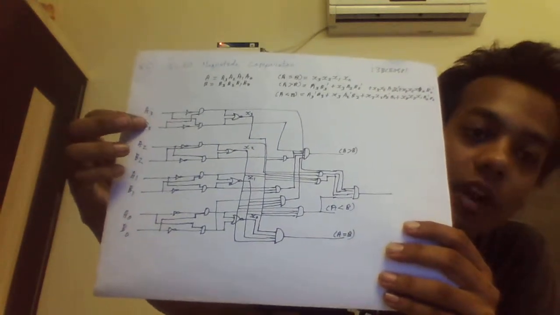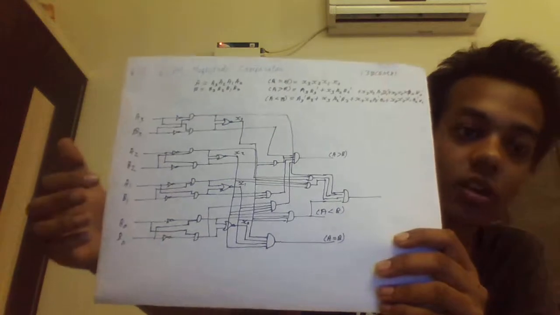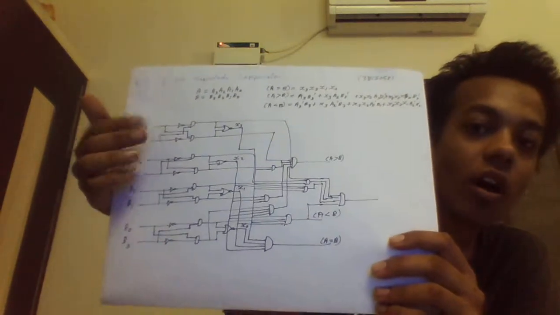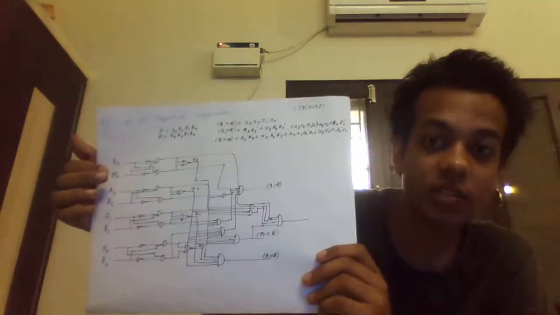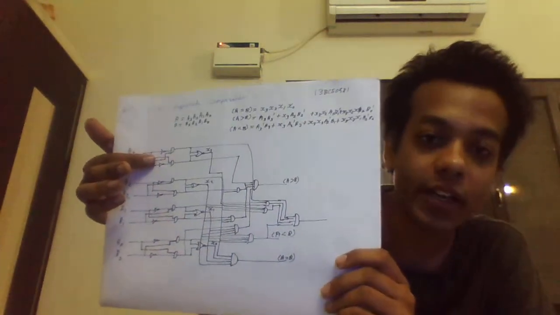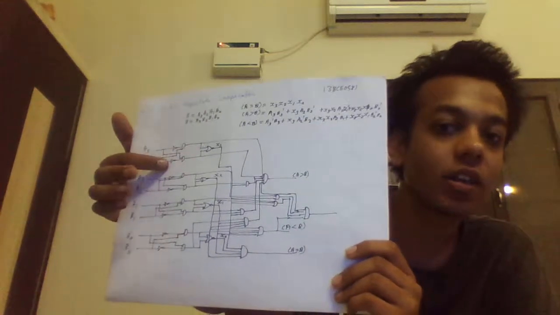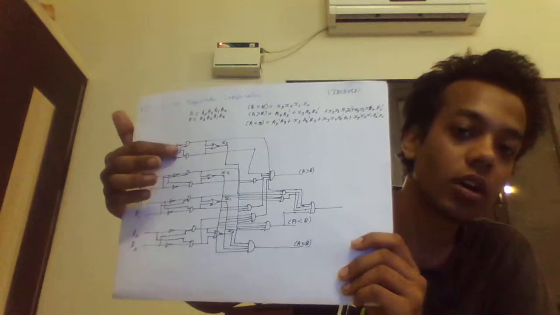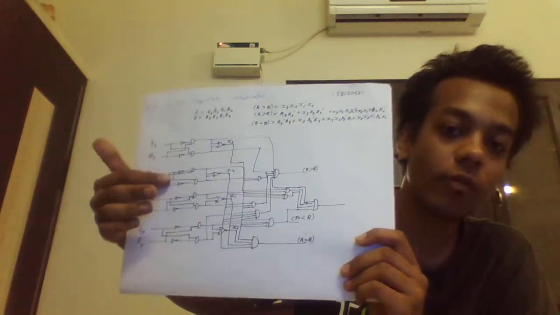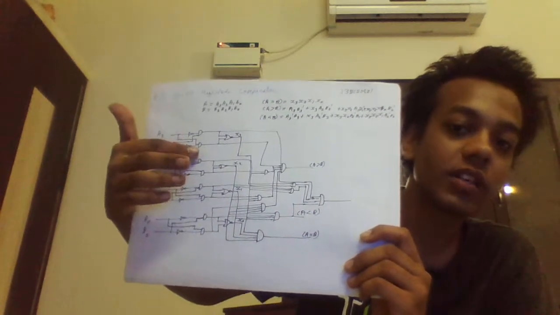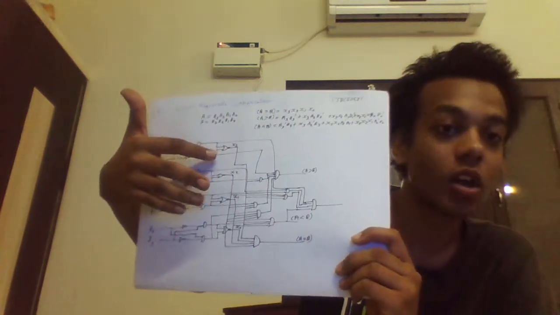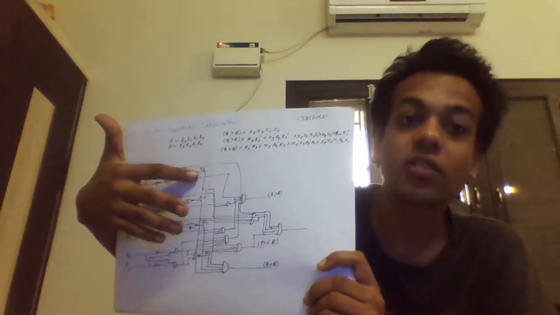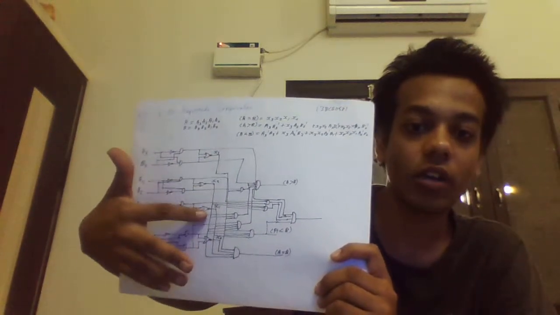A and B will be provided as 16-bit, so 2 to the power 4, so 4 inputs for both A and B. Now, after going in the starting, we've provided a XOR gate mechanism. There's a NOT gate and then there's AND gates. So this gives us a XOR gate output for all of them. And after that, we take this into a NOR gate. Then the NOR gate gives us x3, x2, x1 and x0.